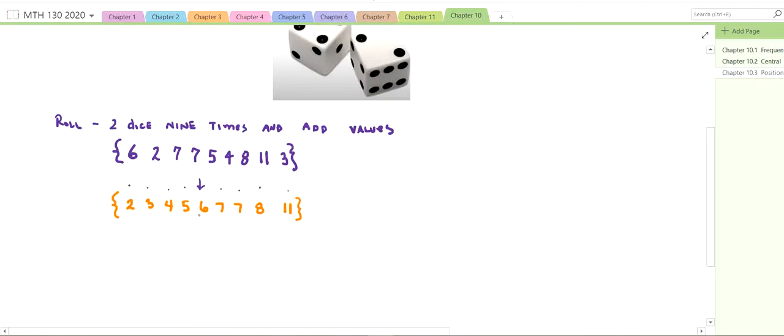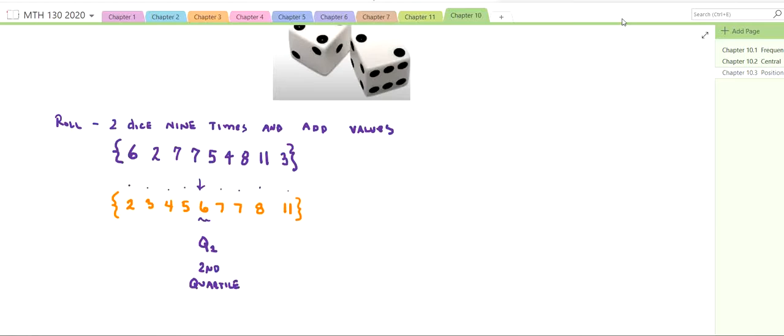So the median is 6, and I'll call that 6 our second quartile. What that number represents is the middle of the data, and roughly 50% of the data is less than 6, and roughly 50% of the data is greater than 6.